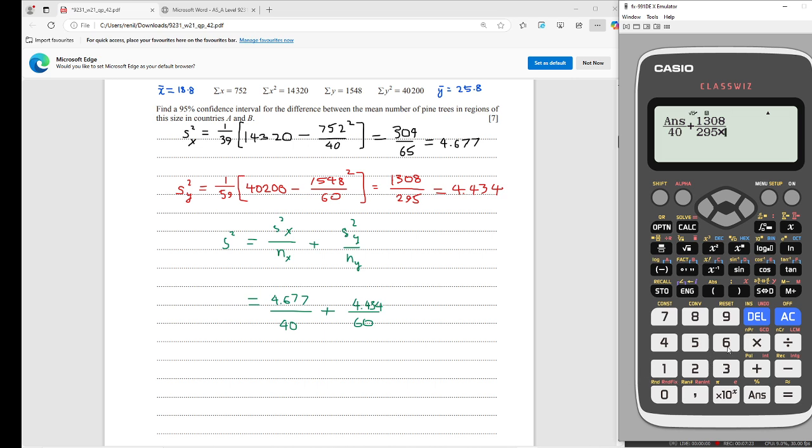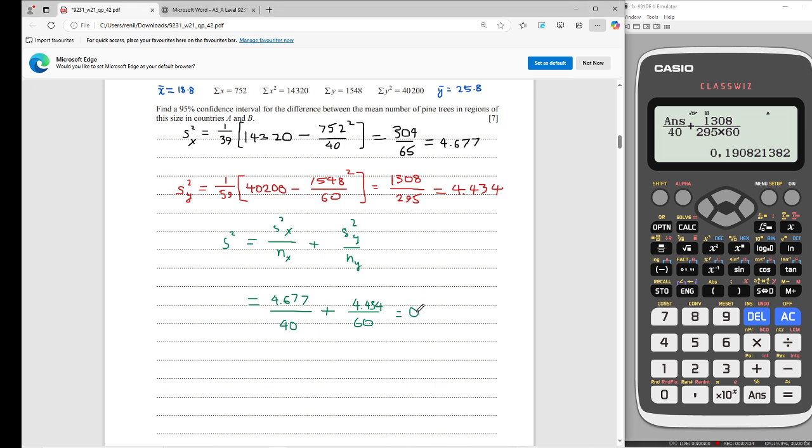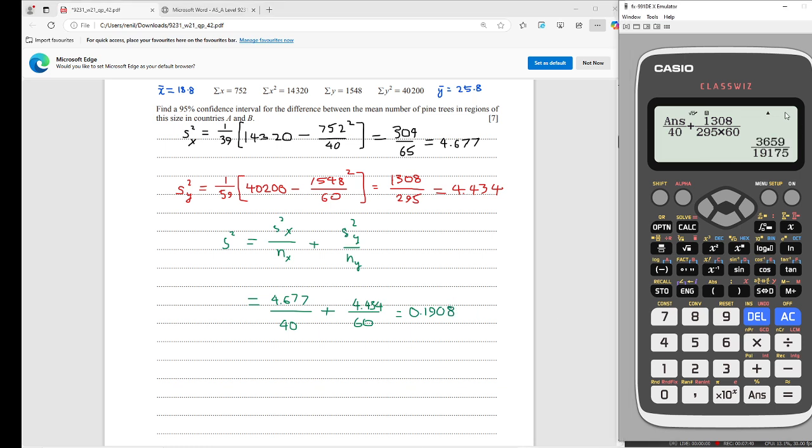So our s² value becomes 0.1908. But remember, our fractional value is going to be stored here. This is what we need, by the way.